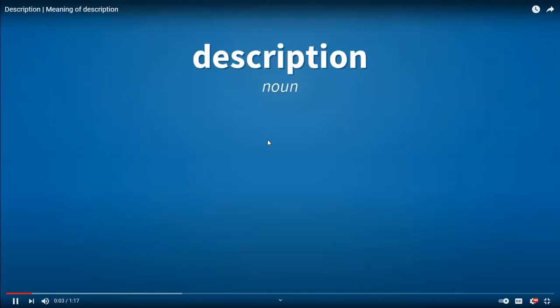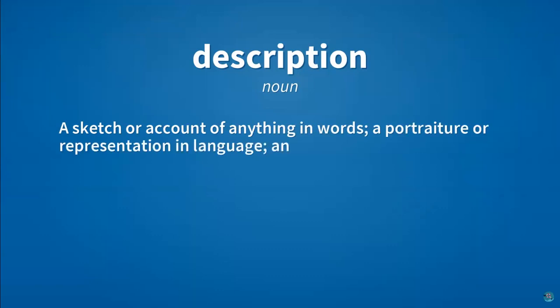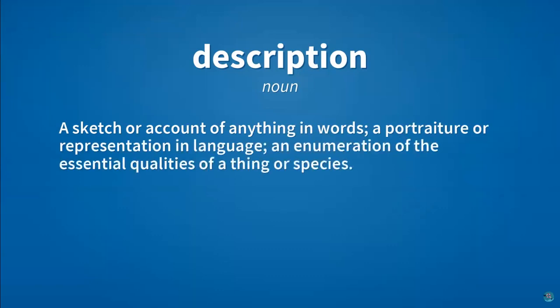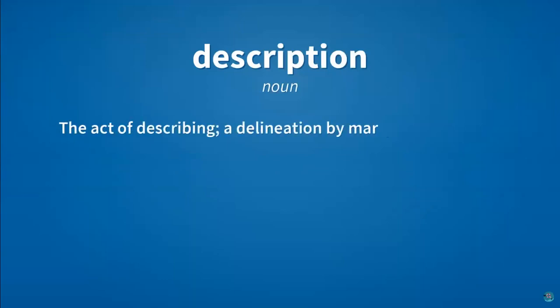Noun. A sketch or account of anything in words, a portraiture or representation in language, an enumeration of the essential qualities of a thing or species. Description. Noun. The act of describing, a delineation by marks or signs.